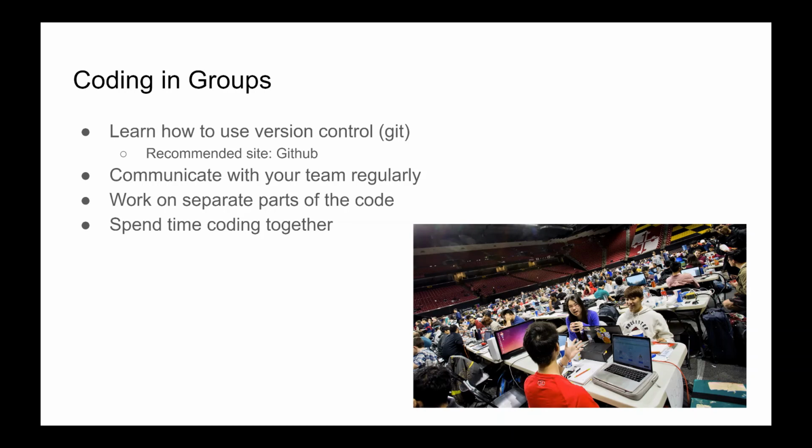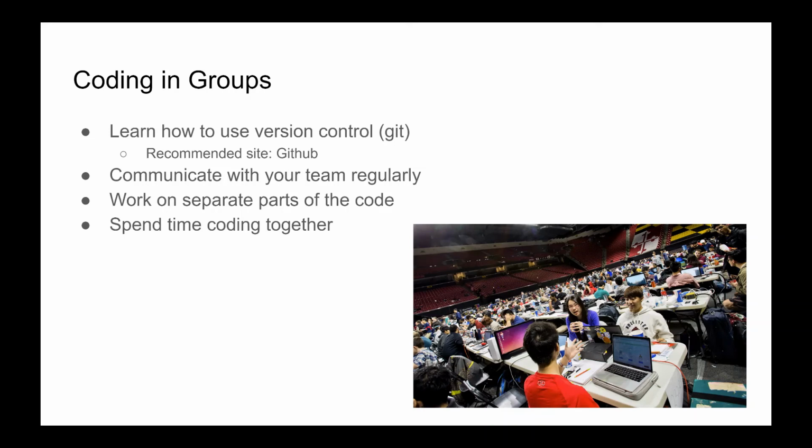So the first recommendation I have is to learn how to use version control. More specifically, learn how to use Git. If you don't know what version control is, it's basically a tool that allows you to not only keep track of different versions of your code, so every time you update code, you'll be able to track the changes, but also when you have multiple groups of people working on the same code.